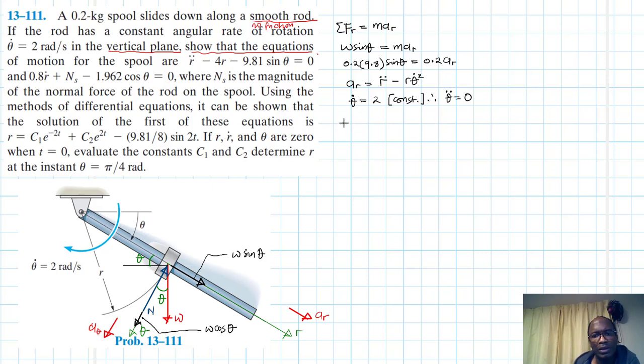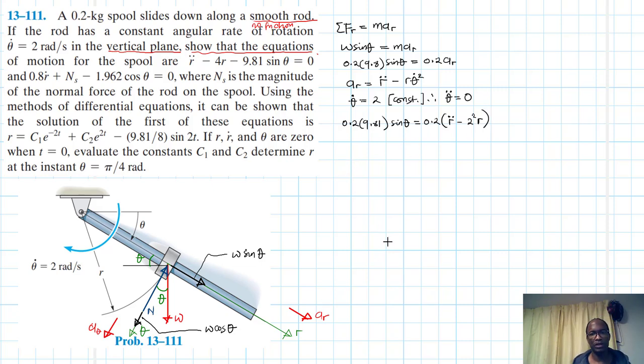So this just becomes 0.2 by 9.81 sine theta equal to 0.2 by r double dot minus r theta dot squared, and theta dot is 2, squared.